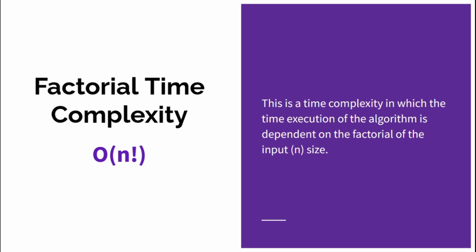So one may fail, you go to the next one, and keep on going. That way, the algorithm is said to have a factorial time complexity, because for each input you have to check the factorial of it.